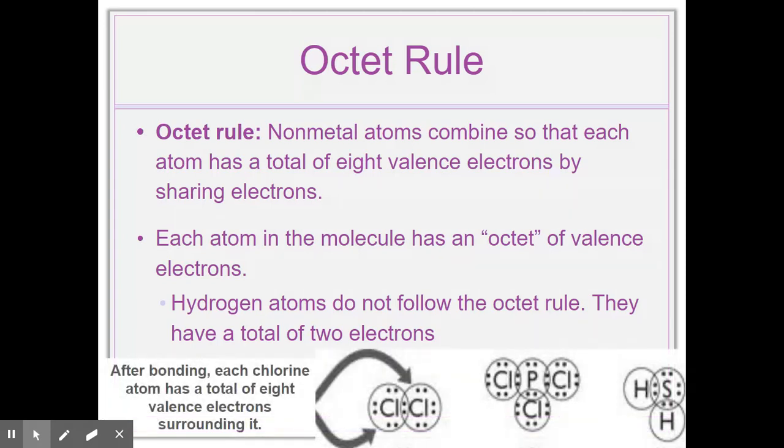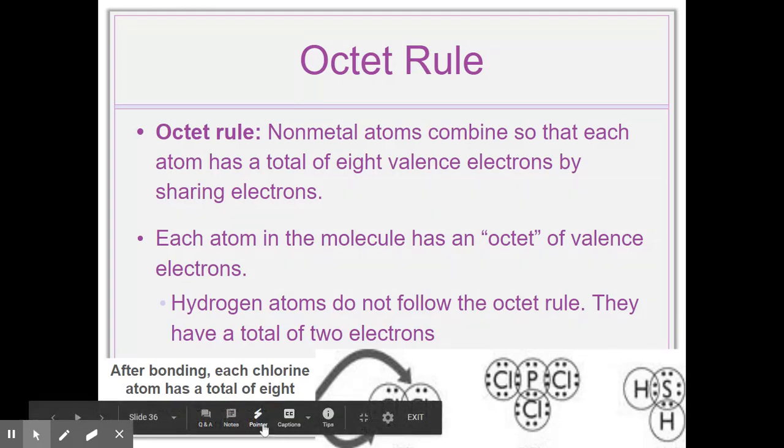If we look here, we're going to look at a lot more of these, but this is just an example of what's going on. Here are some different compounds, some different molecules, where they're bonding to different things and sharing electrons. If you look at each of these, each circle is showing our individual atom.